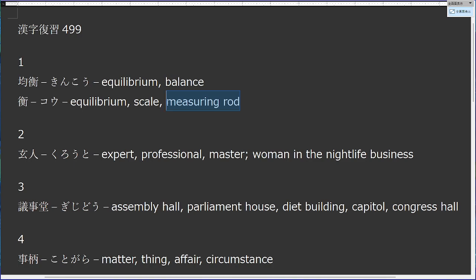Ko is a measuring rod, equilibrium, or scale. Crossing or going across the big field. Ko.